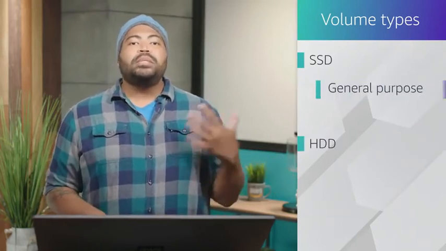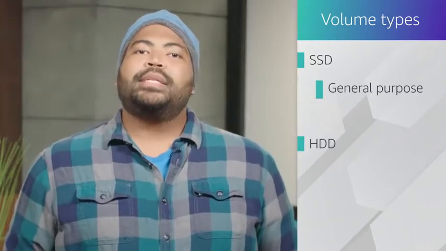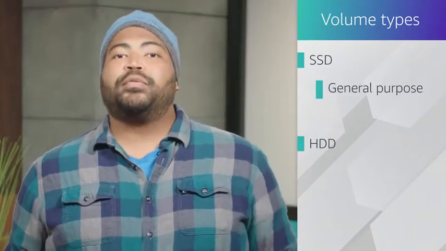Within EBS, there are several configurations open to you, and the volume types that you can choose include both SSD and traditional HDD options. The general purpose volume is the most common type and the default volume used by Amazon EC2. General purpose SSD volumes provide strong levels of performance for a wide variety of workloads.